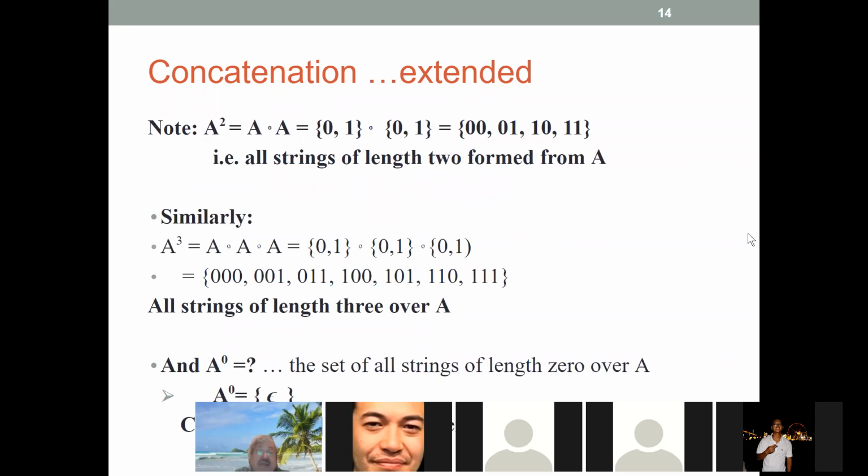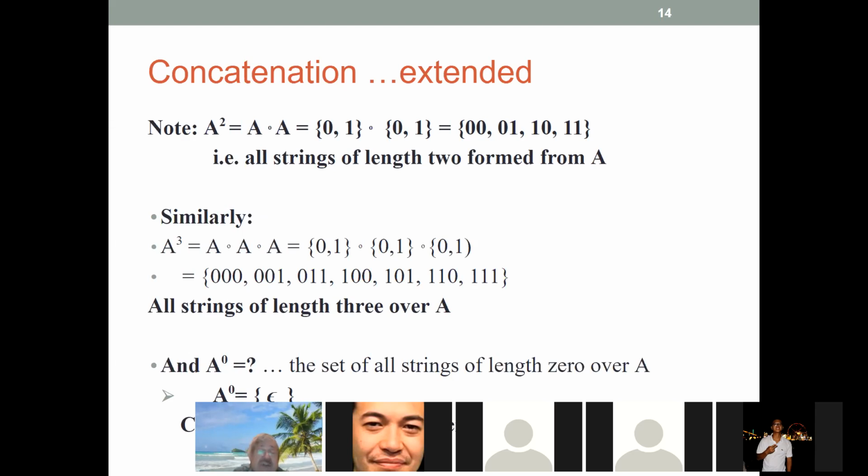Okay. A squared. That's the set A concatenated with the set A. Or neater, A circle A. And if A is the set containing 0 and 1, then A circle A is the set containing the 4 strings, each of length 2: 00, 01, 10, 11.